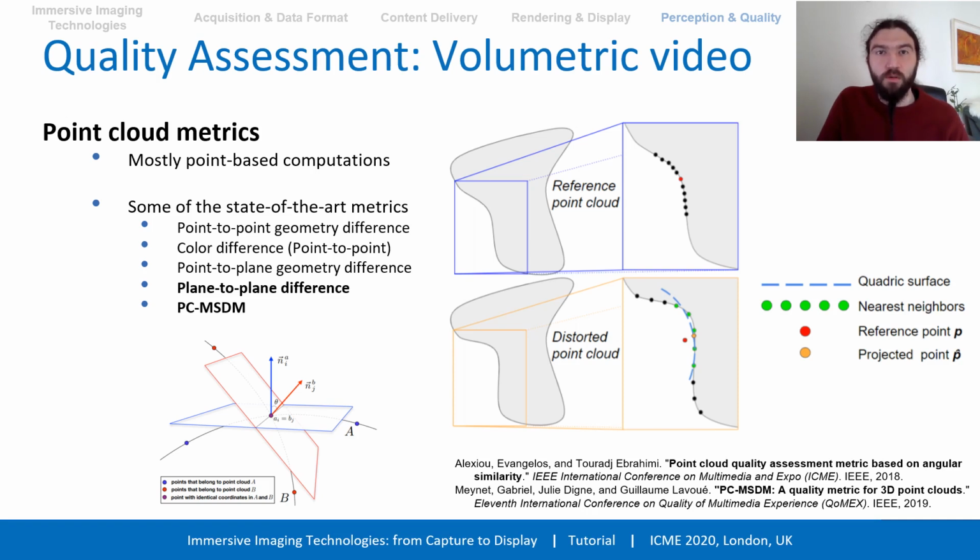For this purpose, a normal estimation algorithm might be needed in some cases, as distorted point clouds' normal information may be lost or corrupted somewhere in the content delivery chain. Instead, PCM-STM computes the quadric surface and projects a distorted point on this surface. The metric then estimates the quality based on the curvature. Nevertheless, all these metrics consider either only geometry differences or only color differences.